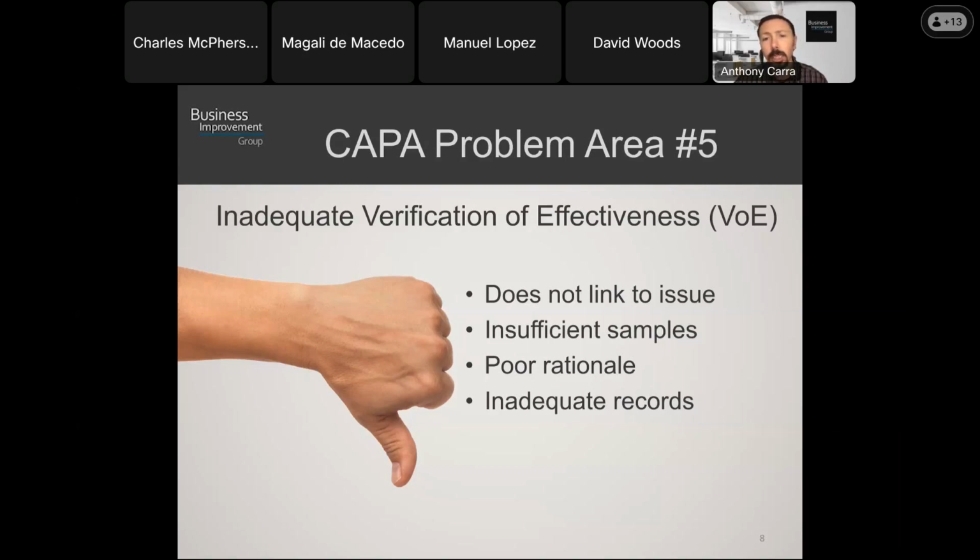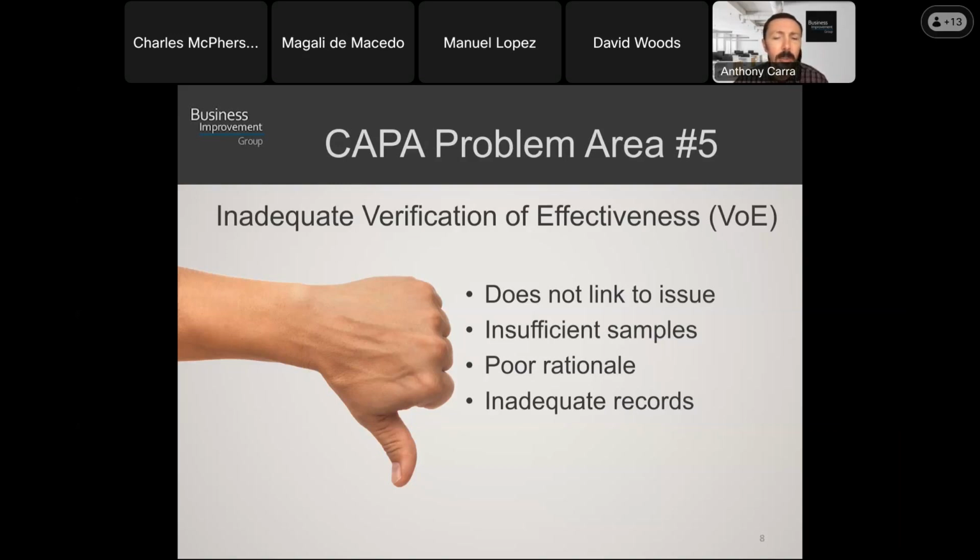When it comes to sampling, and we talked a little bit before, most of my background and a lot of presentations I've provided here are on statistical methods. This is where I get consulted very often, as far as coming up with a valid statistical sampling plan for the verification of effectiveness. And very often we're seeing insufficient samples, either in the availability of the data or the duration of the verification of effectiveness period.